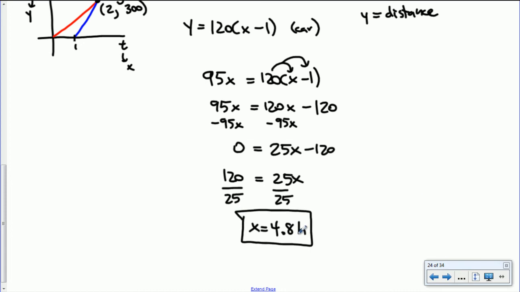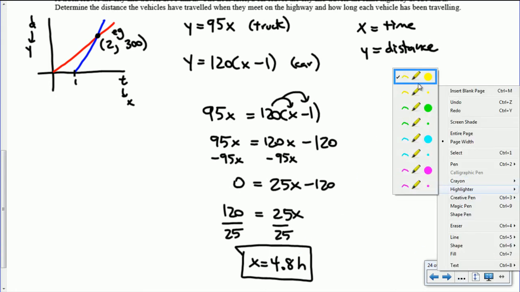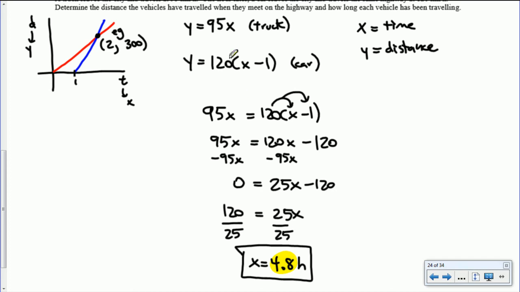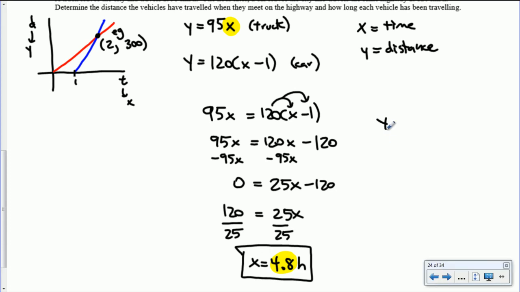So that's the time when the car and the truck are neck and neck. And we also just need to figure out the distance they've traveled. So now that I have x, I can just sub that in here. It's probably the simplest. I could sub it in the other equation and solve for y as well. But just multiplying by 95, that's pretty simple.